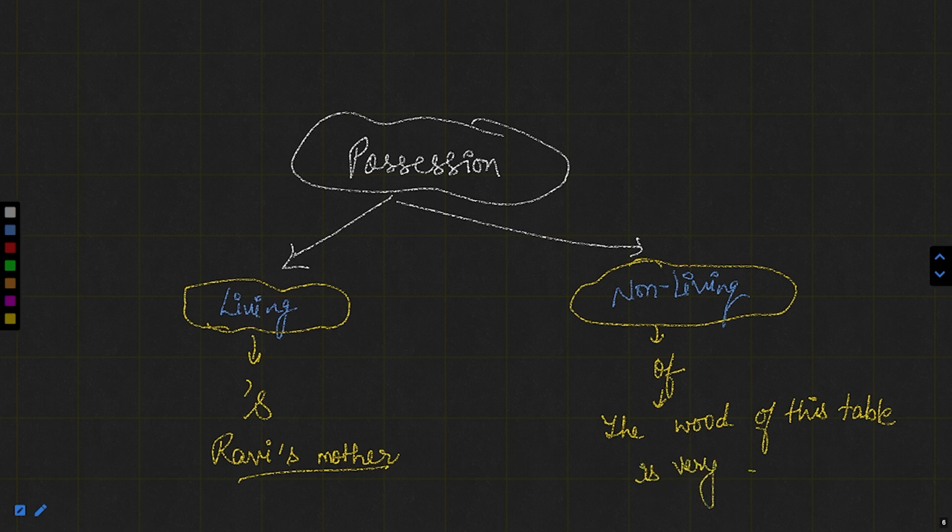Now, in this sentence, we can see that here it is showing the possession of wood and this table, that the wood of this table. So this is how we can show the possession of a non-living thing. In modern English, we use both the cases. Vice versa, we can also use living with preposition of, or we can show the possession of a non-living thing with apostrophe S. That is all possible now.